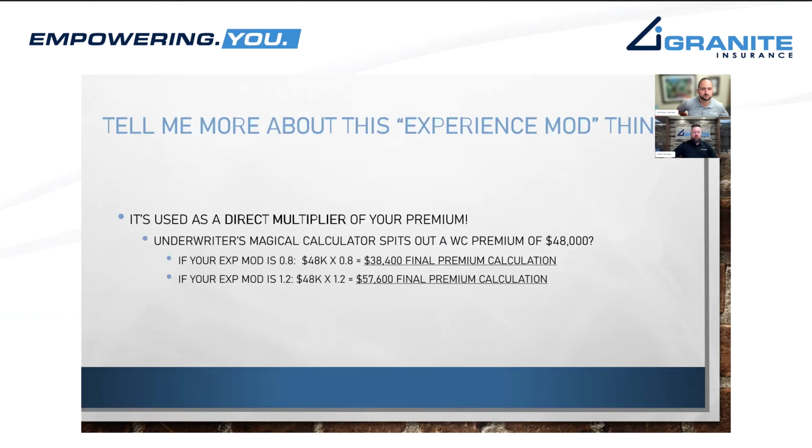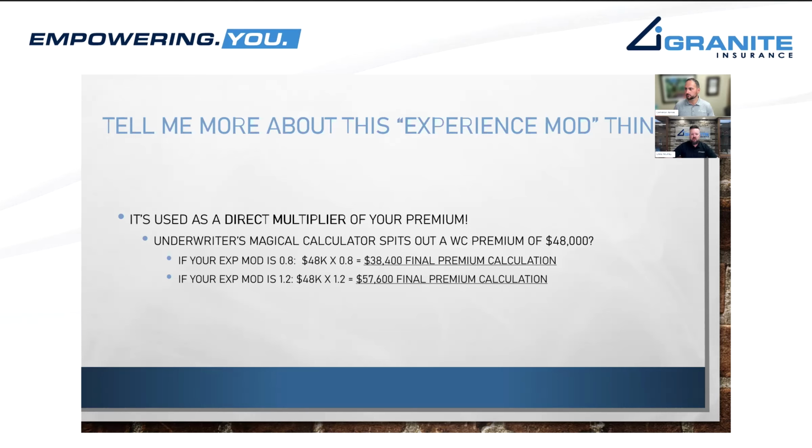That's good information, Cameron. And just like it's important to understand the basics of workers' compensation to have this conversation, it's also important to understand, at least at a high level, what the experience mod is. I won't bore you with the formula. It's a very complicated formula, but essentially it is a scorecard.